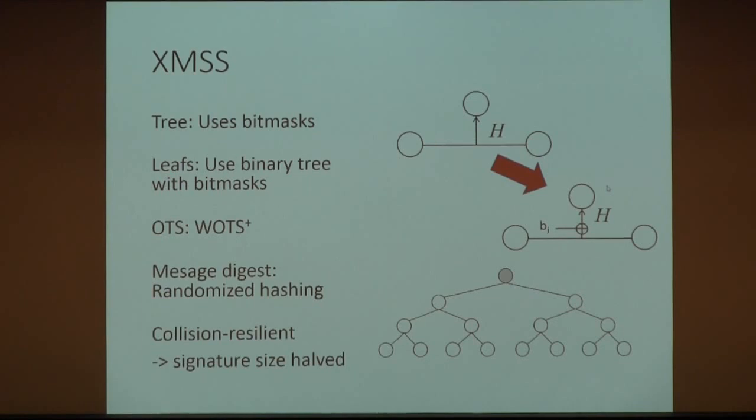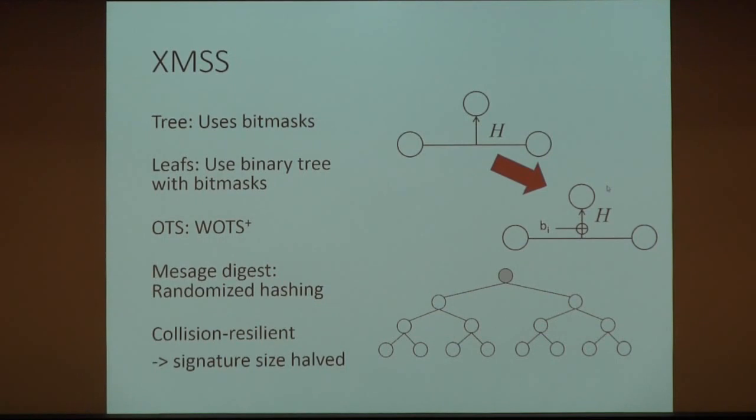The leaves are normally, in the basic scheme, simply constructed by using a hash function to compress these long one-time public keys. In this case, we use a kind of binary tree with bit masks, again, to compress these one-time public keys. This has the same reason, so the security from second pre-image resistance.